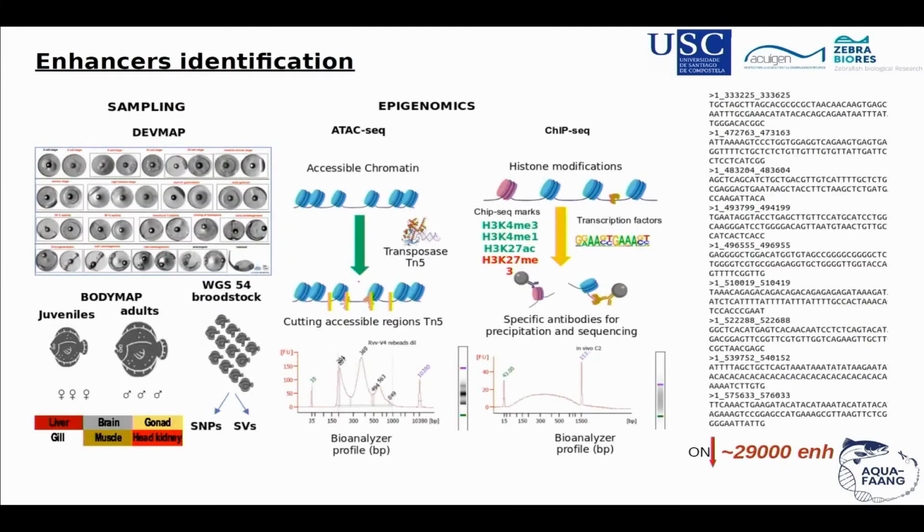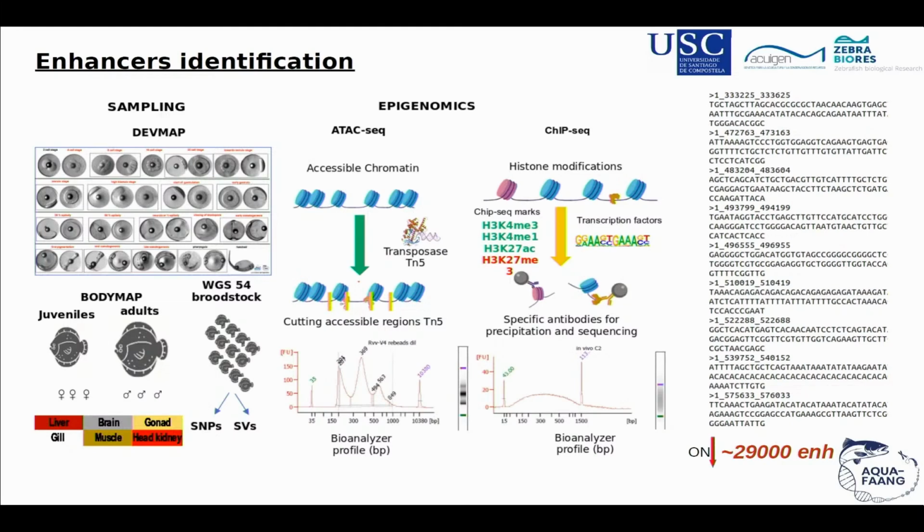Okay, sorry. So we started with a list of around 30,000 enhancers located in turbot by the analysis of the ChIP-seq and ATAC-seq of the DevMap and BodyMap experiments that Paulino talked about this morning.